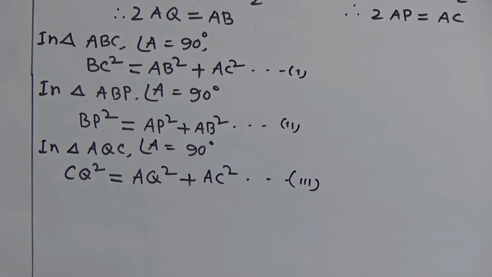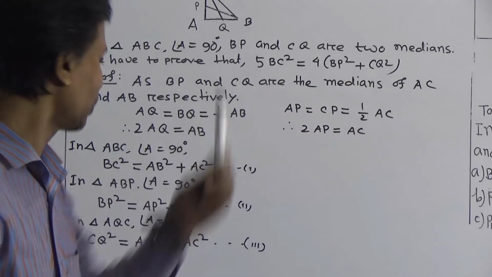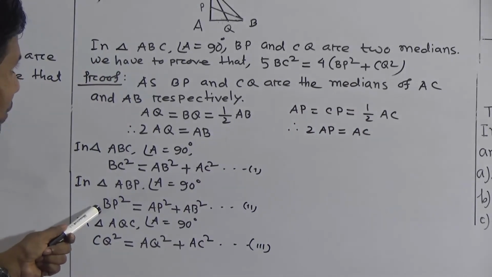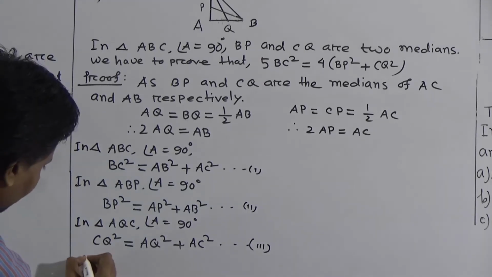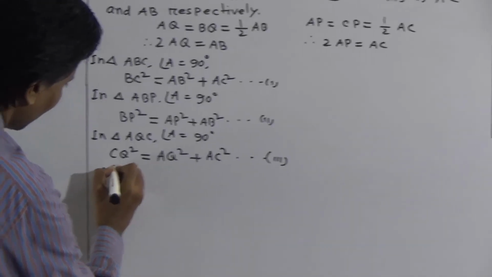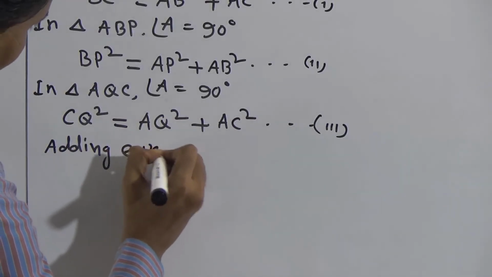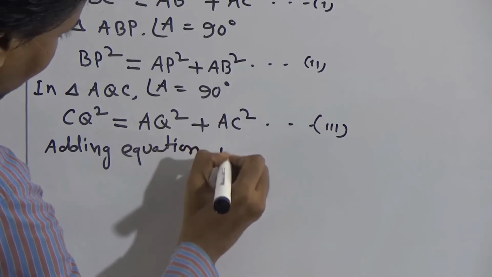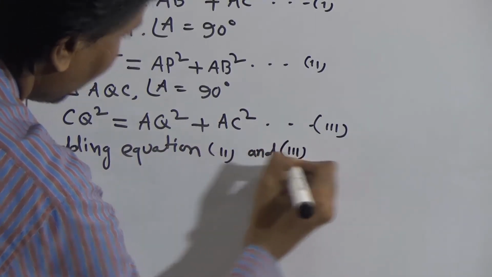Dear student, you see the question: BP square plus CQ square. If we add equation 2 and 3, then what will we get?